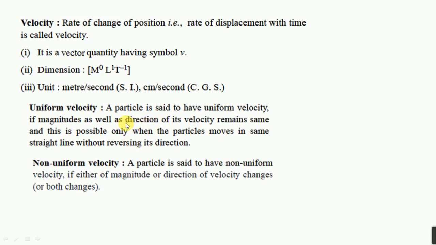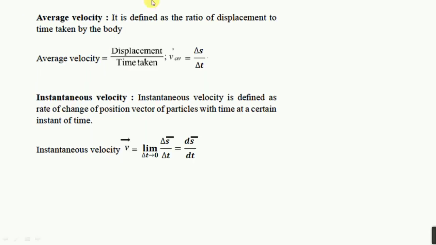Uniform velocity means the velocity is not changing. That means the speed and the direction of an object are not changing. In non-uniform velocity, either the speed or the direction of the object changes. Average velocity is total displacement by total time, and instantaneous velocity is the same as instantaneous speed.